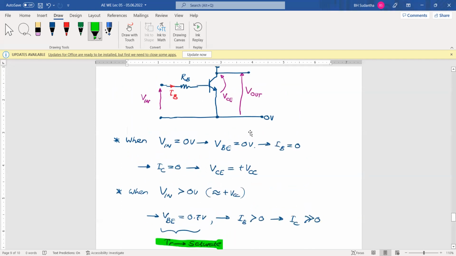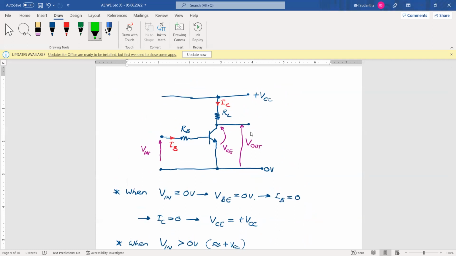Okay, then what will happen? Across this resistor, the full VCC voltage will appear because VC is 0.